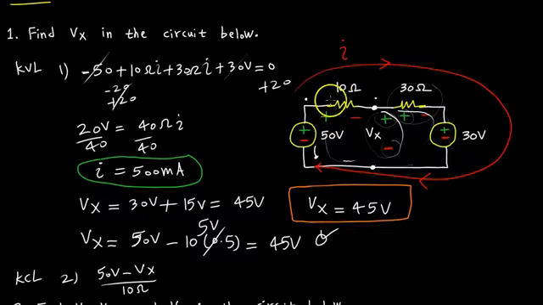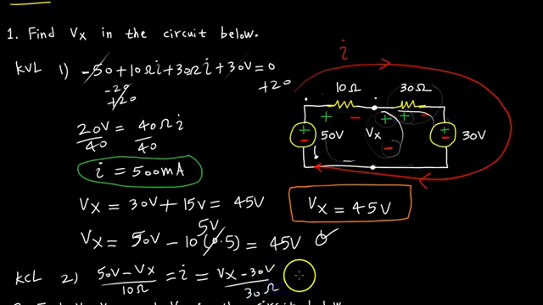This current, then, that's the current. So this voltage minus this voltage over the resistance, using Ohm's law, is going to give me the current I. That's equal to I, which is equal to Vx minus 30 volts over 30 ohms.